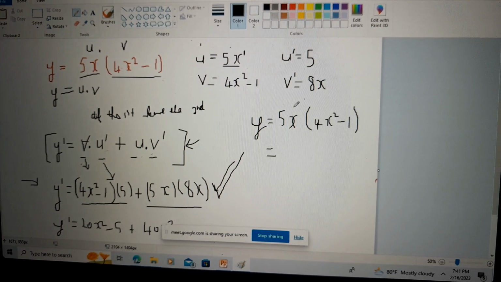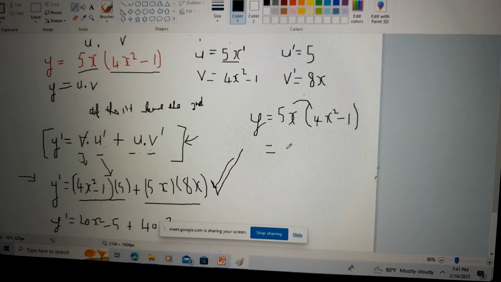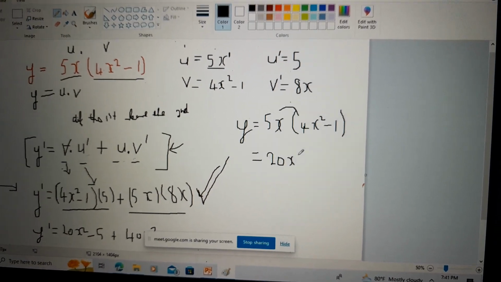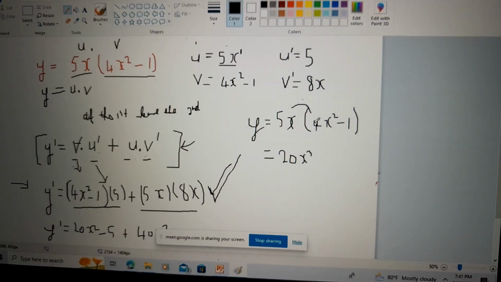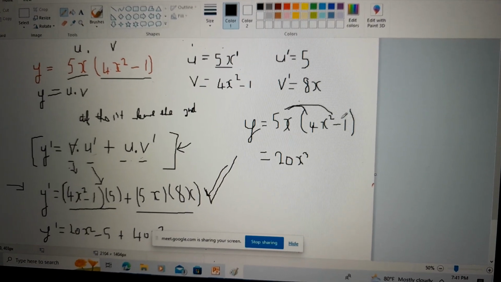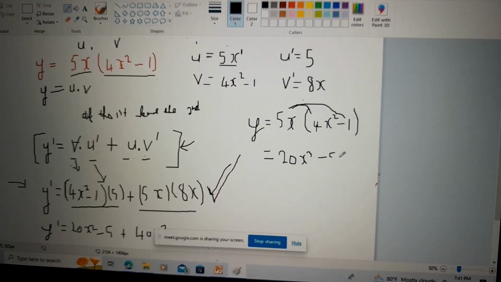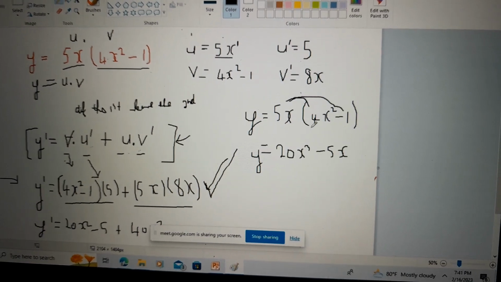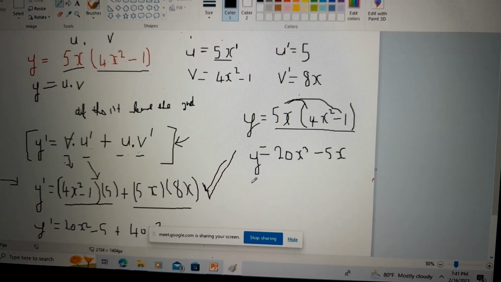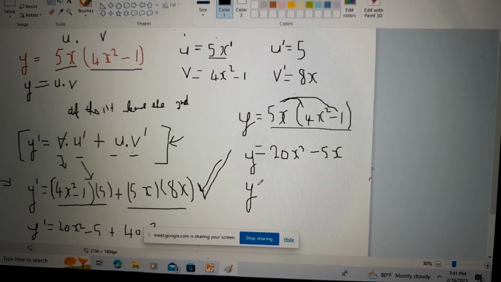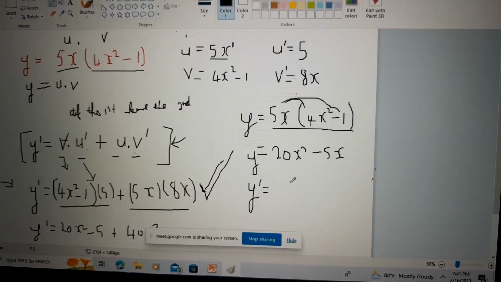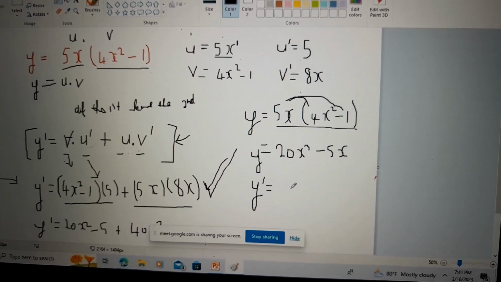So this is 5 fours 20x cubed. Am I correct? Yes, sir. And minus 5x by 1 would be minus 5x. Great. So this is the same function. I just simplified it. Now I can go ahead and find the derivative. I deliberately use this function because I wanted to show you that your answer is correct.